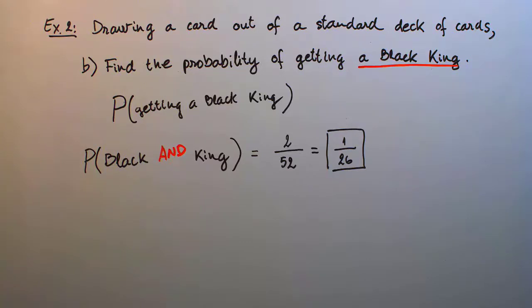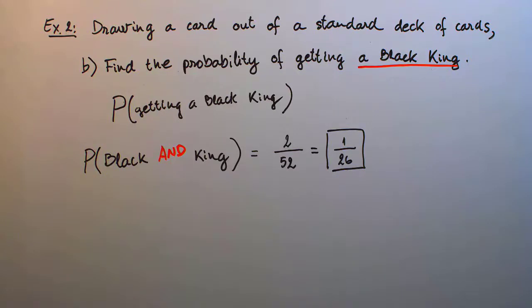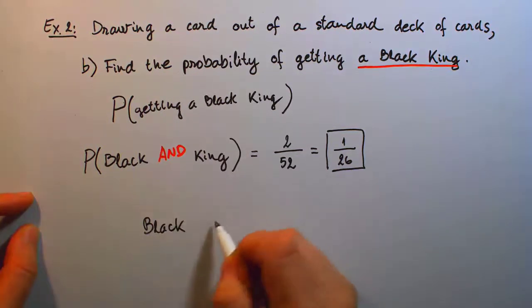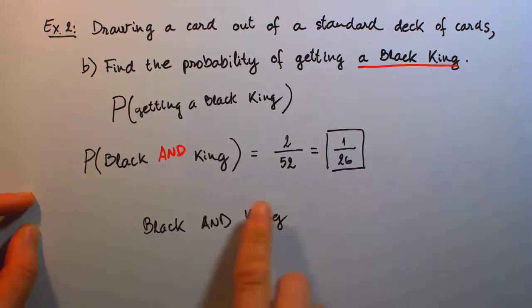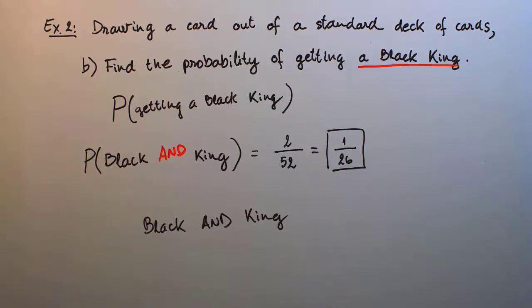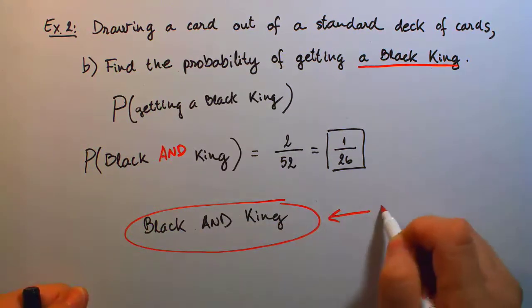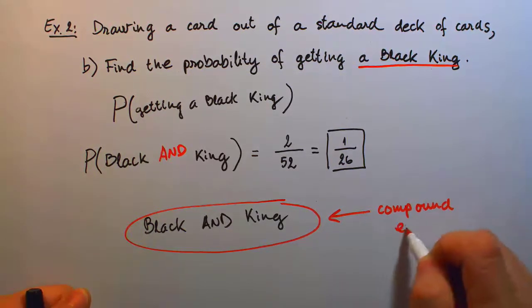And so let's even look further before we close down this question and move on to the next one. This kind of event we're looking at, being black, one requirement, and at the same time looking for a king. So we found out that this event actually involved two other little requirements inside of it. And so this kind of event here is referred to as a compound event.